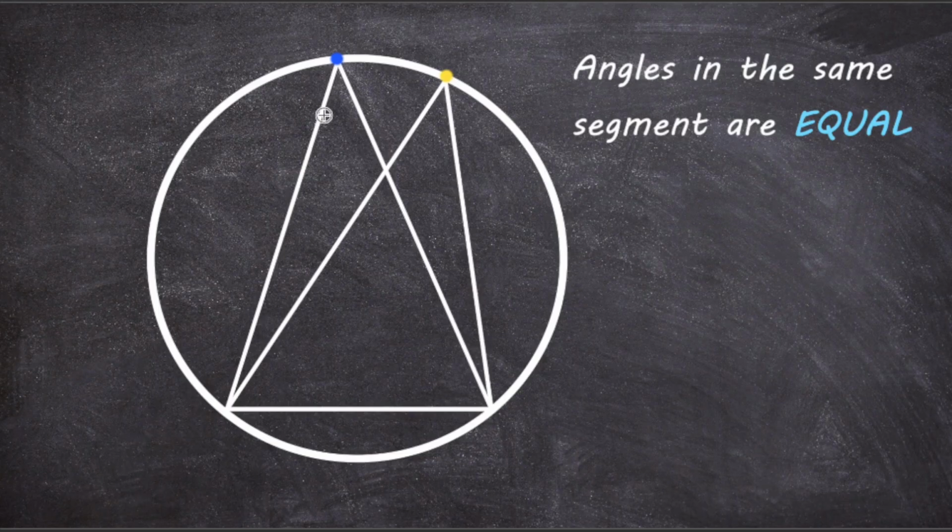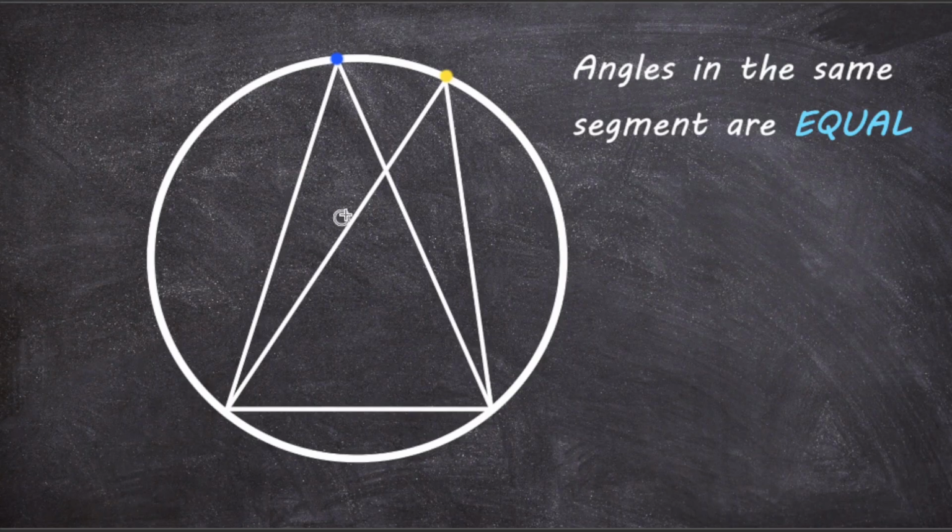The circle theorem is stating that these two angles must be the same. Whichever 2 points you choose on the circumference within this segment, the angles must always have the same value. And that's what we're going to demonstrate in this video.